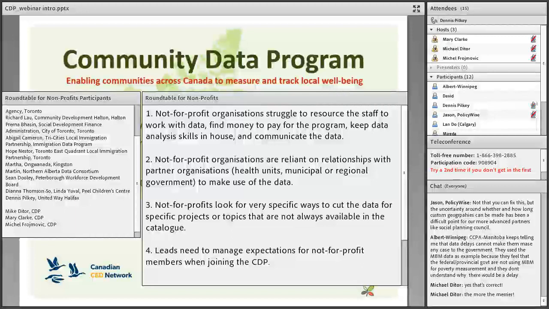But I couldn't get them to keep numbers on their clients and their successes and what they did. It took me 2 to 3 years, but once we did, those stats really became the foundation for making strong grant applications.